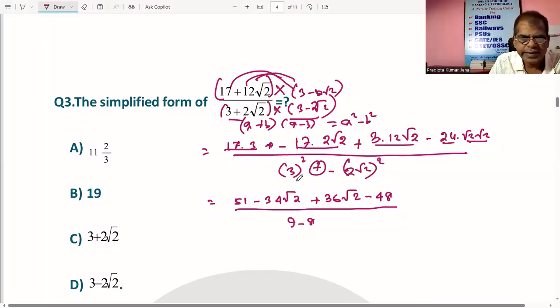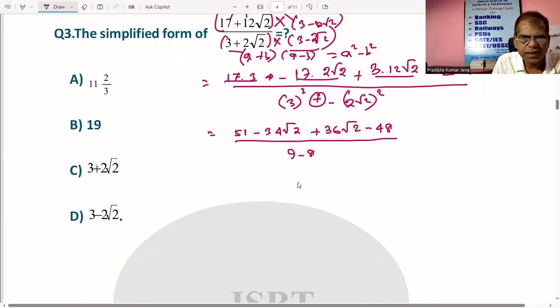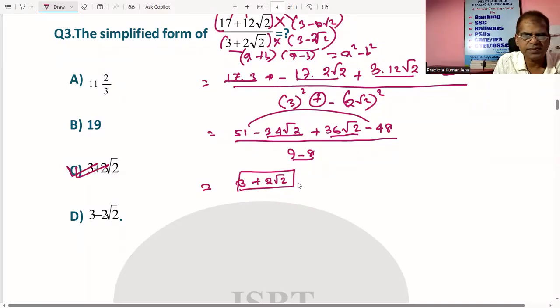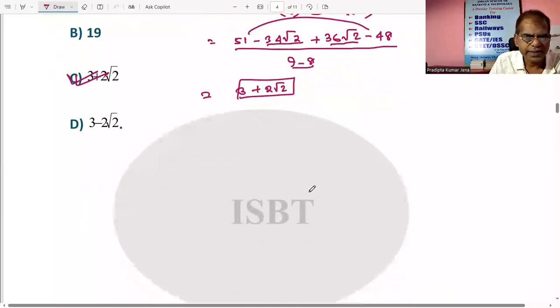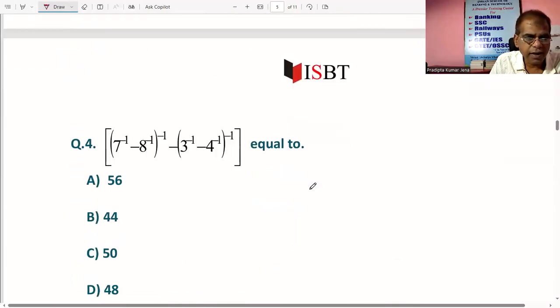In the next step, 51 minus 48 is 3, and minus 34 root 2 plus 36 root 2 is 2 root 2, divided by 9 minus 8, which is 1. This is the answer: 3 plus 2 root 2. Option C.